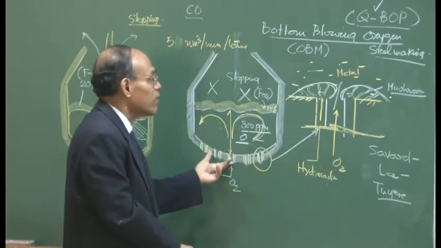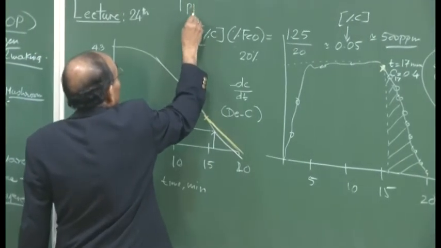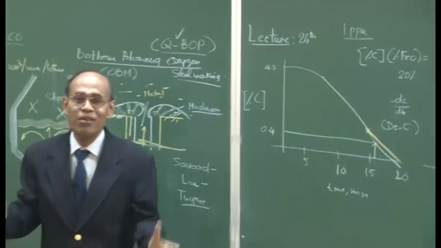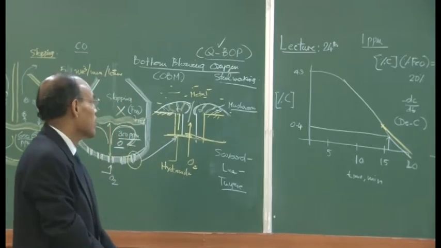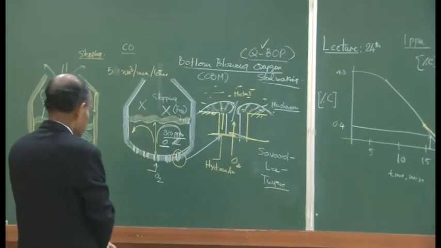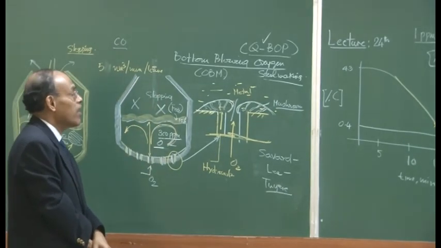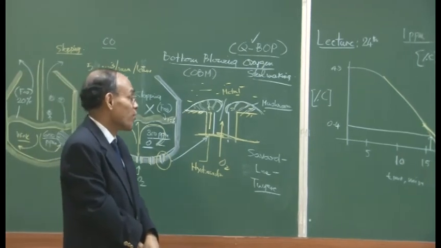Most good quality steel requires hydrogen to the extent of 1 ppm. For example, railways: you may have read every winter that a railway line cracked and there were accidents because of cracks in the railway line, and hydrogen is known to be a culprit in causing failure of railway lines.